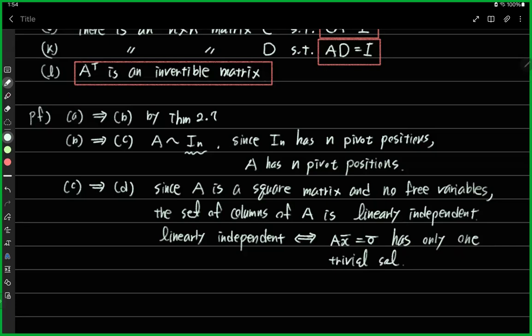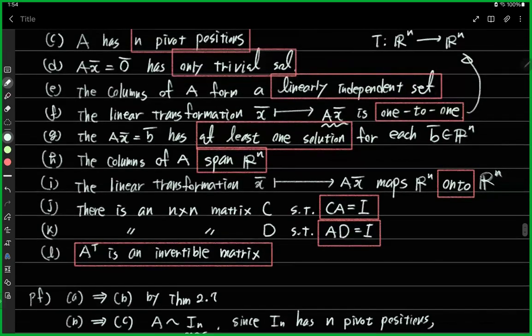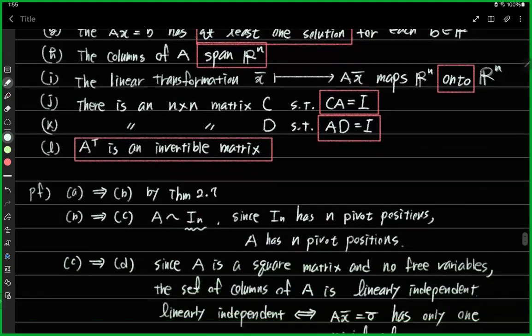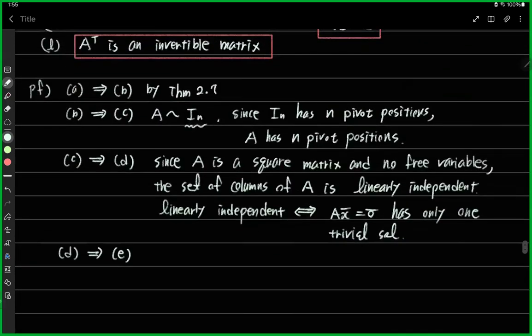Okay, so next one: if D is true, then E is true. What's E? The columns of A form a linearly independent set. I already proved it, right?